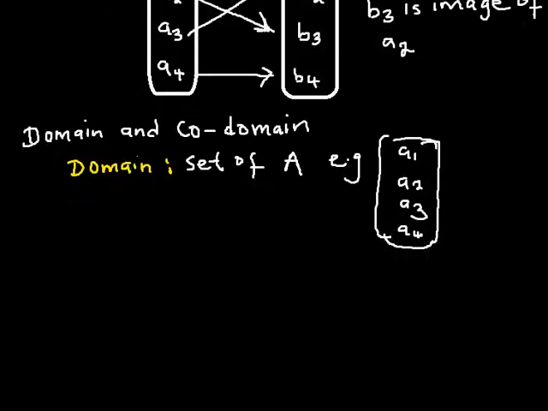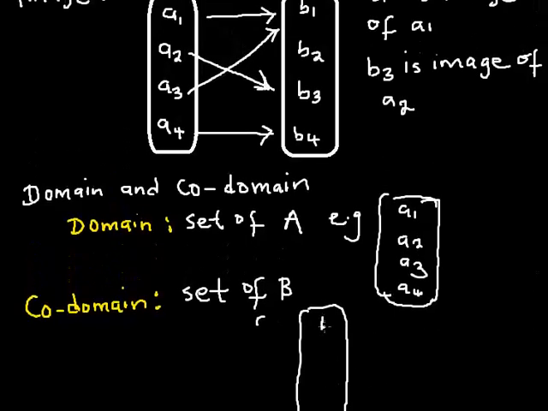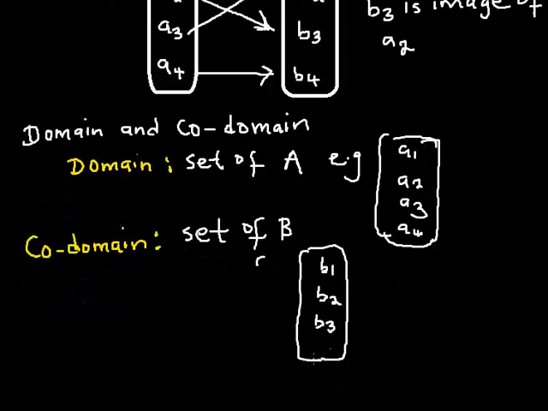Then the codomain is where our mapping is actually getting to. So the codomain represents the set of B. So invariably now, my codomain is the entire set of B, which of course is B1, B2, B3, B4.